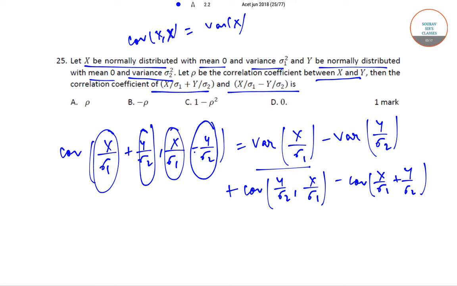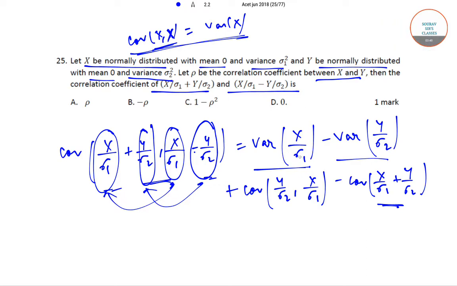I just saw this, maybe I wrote it in such a way it was looking like y, but it was also x. So covariance xx is equal to variance x, and using these we get these terms, and the cross terms using this.